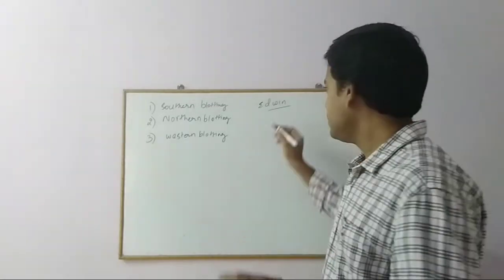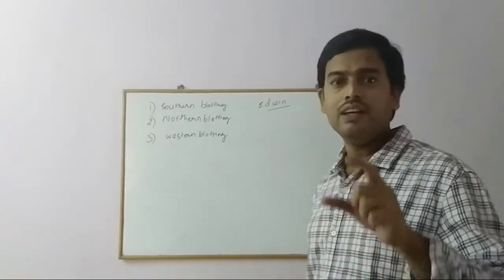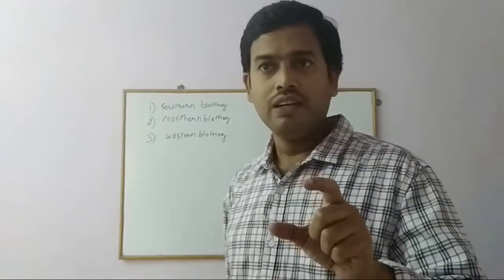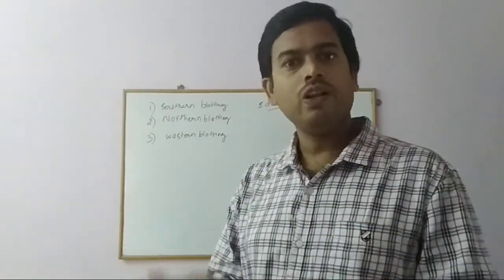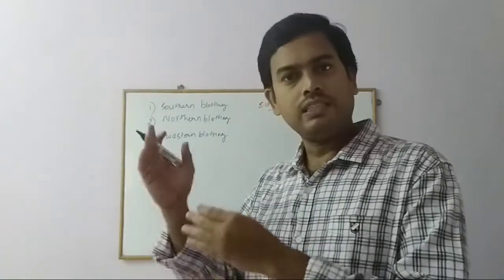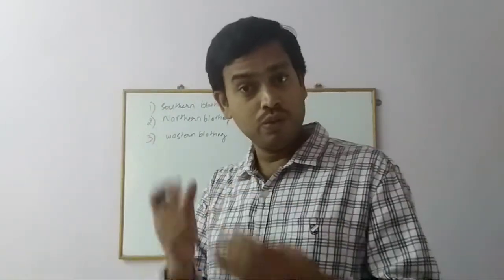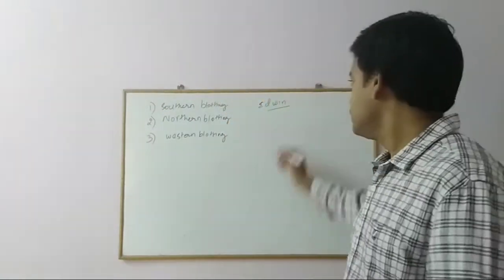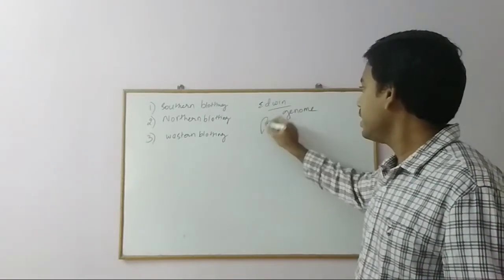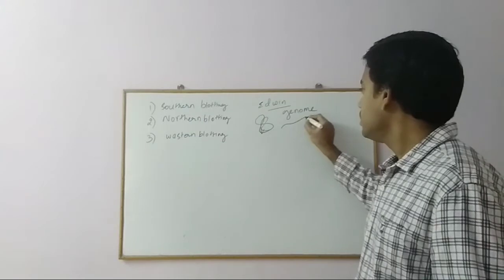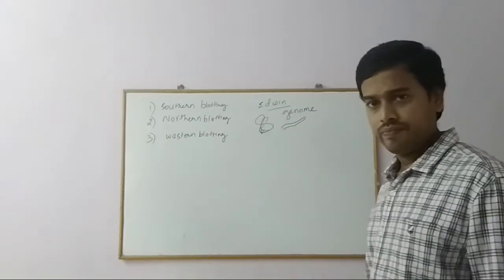First of all, if you want to identify the sequence of interest, you can collect either a fragment of DNA or you can collect the whole genome and subject it to restriction digestion. So this is the whole genome of an organism or fragment of DNA.